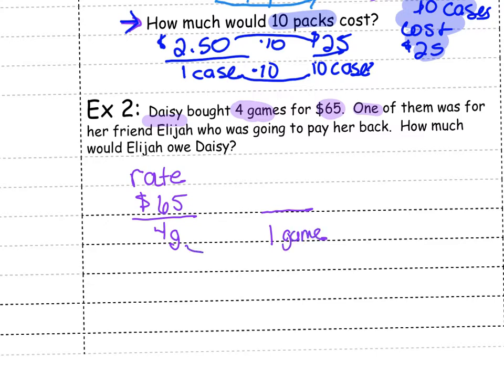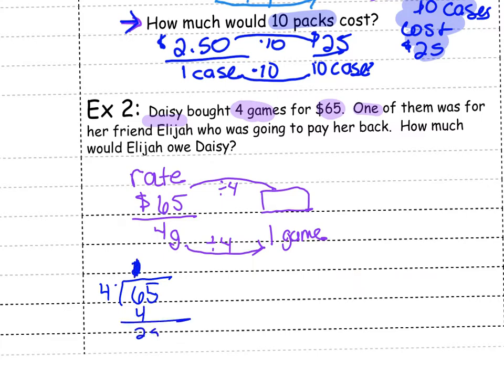So like before, we are going to 4 divided by 4 is 1. 65 divided by 4 is how much? We don't know. So please use a calculator. But I'm going to show you the long way again, just to get thinking of dividing. 4 goes into 6 1 time.